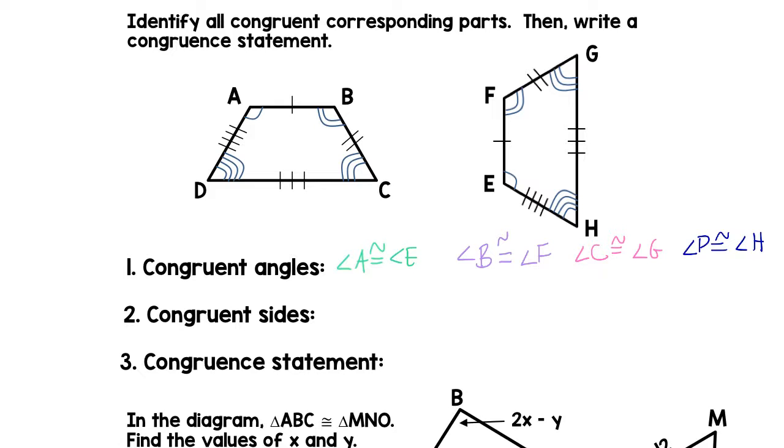Now we're going to talk about the sides. One dash is between segment AB, and that's congruent to segment EF, also one dash. Pause here and fill the rest of this out yourself. Segment BC is congruent to segment FG.